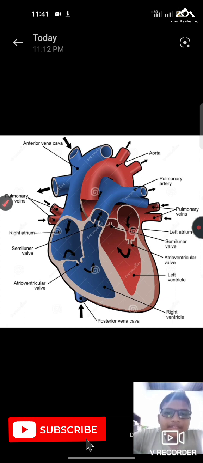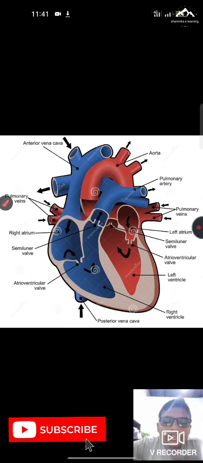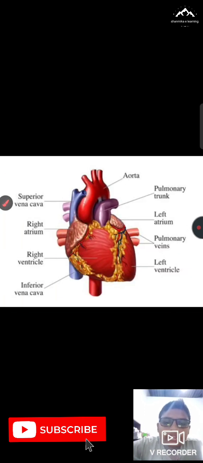And friends, there is another artery, not only the aorta: the pulmonary artery. The pulmonary artery is connected to the right ventricle. These veins are connected to the right atrium.